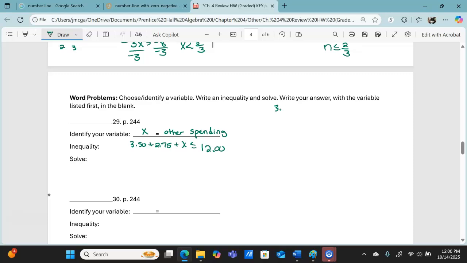So put the $3.50 and the $2.75 together, combining like terms, and we get 6.25. That is currently added to the x. It's positive. So I'm going to subtract 6.25 from both sides. And that will give me x has to be less than or equal to $5.75 when we do the subtraction.